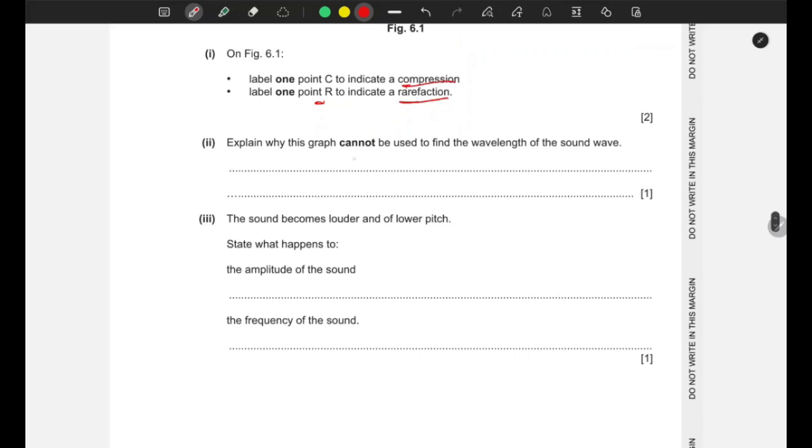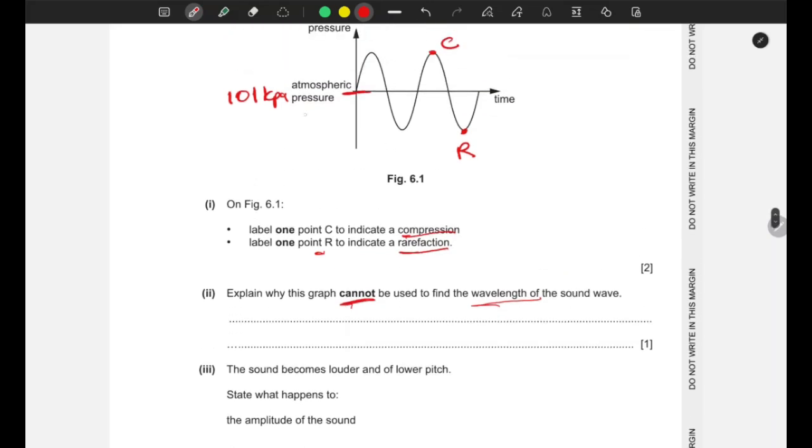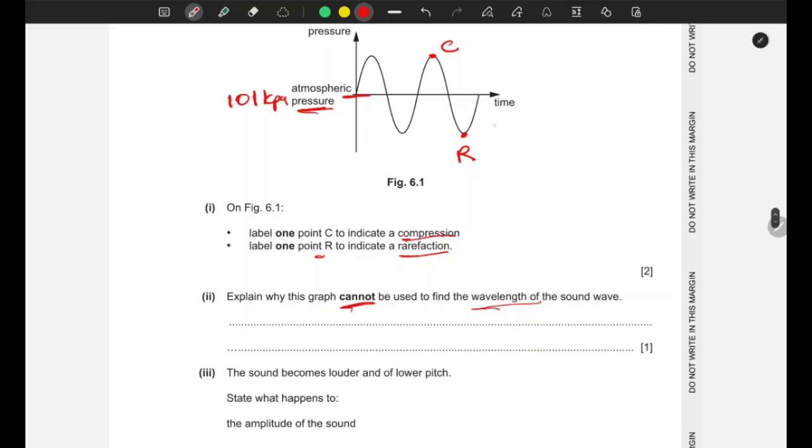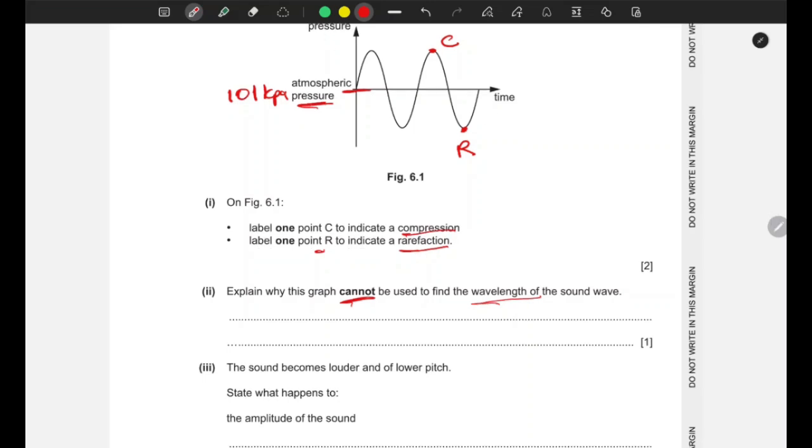Explain why this graph cannot be used to find the wavelength of a sound wave. We cannot use it because the graph doesn't show displacement, it shows atmospheric pressure. So it's a pressure time graph, not a distance time graph.